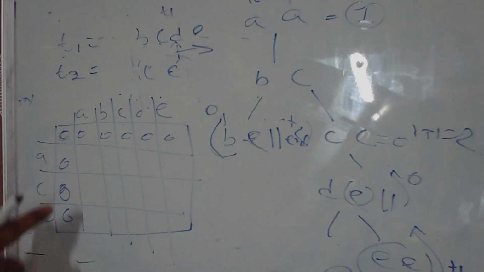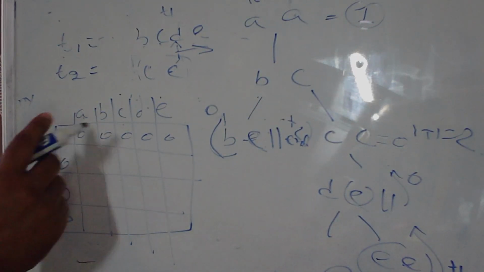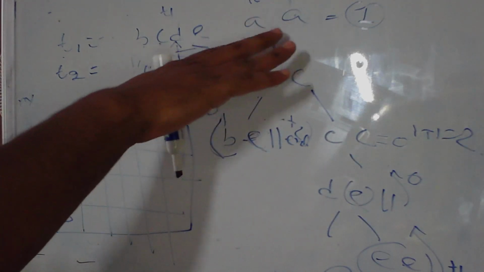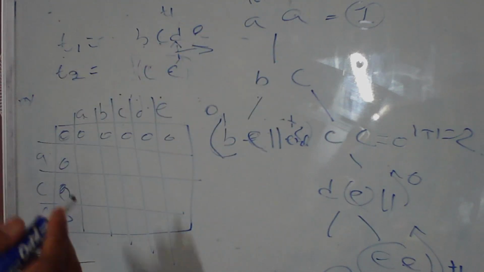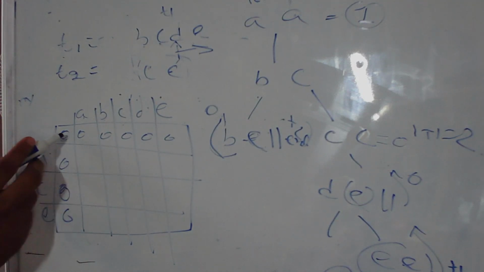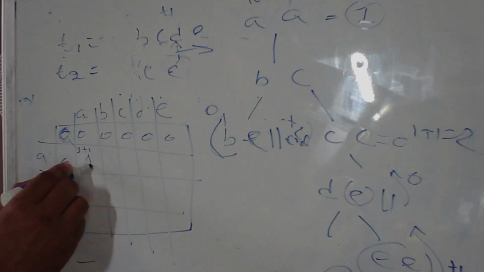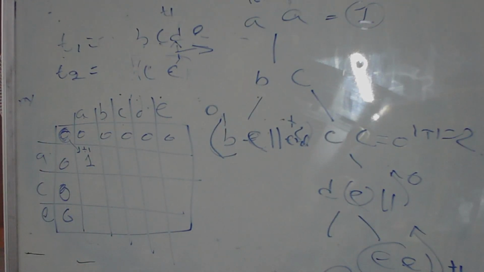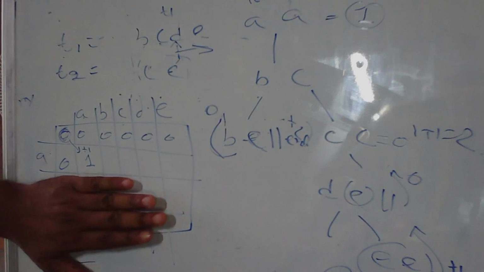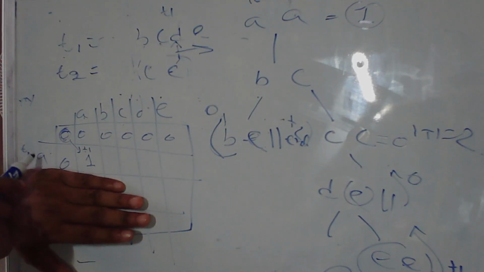And now at first, A equals A. So at that time we know that when A equals A, we have to add 1 to the previously calculated substring length. Here in this position, the previously calculated substring length is 0, so we add 1 to get the current value, that is 1. Same way, our second substring is only A, not ACE.